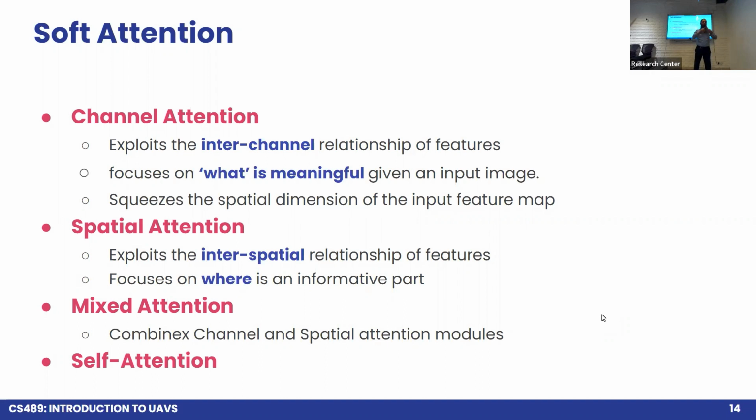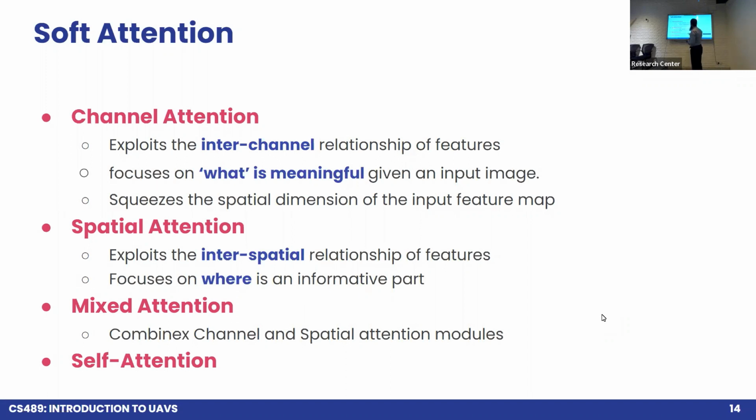Because if you take one image, this is a spatial distribution of the pixels, right? And from one channel to another, you have another image. So basically you can do an operation over the channel axis or the spatial axis, and based on this, you will have channel attention or spatial attention. Maybe it's a little bit abstract, but I'm going to show you through examples how this is going to happen.